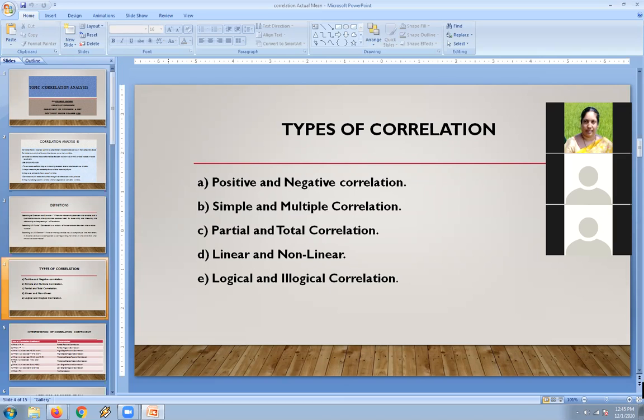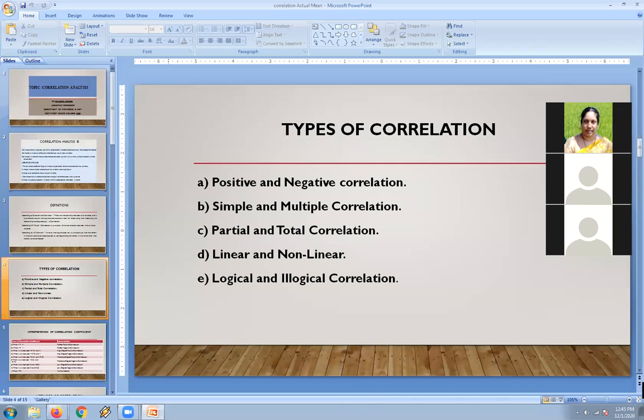The change of one variable affects the change of another variable, and the ratio between the variations should be constant. Such kind of correlation is called linear correlation. But in non-linear correlation, the amount of change in one variable does not follow a constant ratio with the change in another variable.